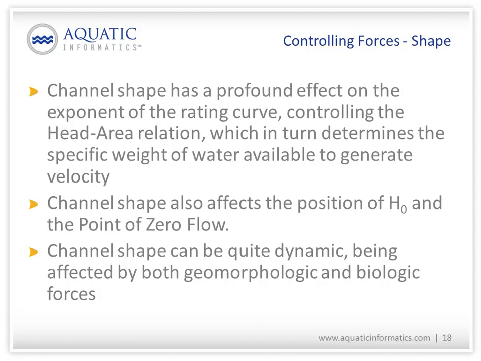Channel shape also affects the relative position of our point of zero head and our point of zero flow, and that can change as a function of stage. Where you have a more complex shape, you're not going to have a constant point of zero head. So the channel shape can also be very dynamic. It can be affected by geomorphological processes, channel aggradation and degradation, and biological processes such as weed growth and large woody debris.